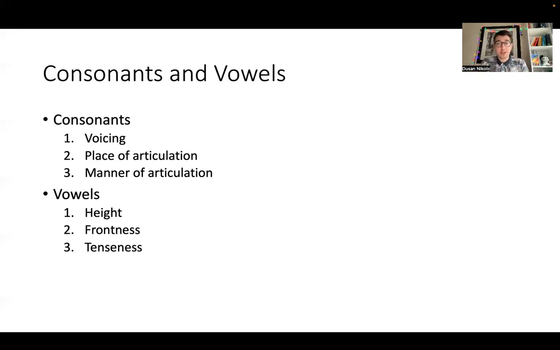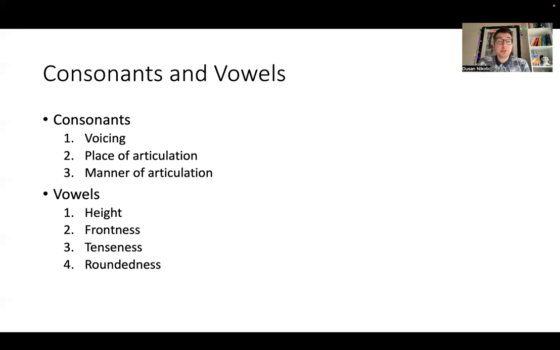Tense vowels are usually the vowels at the edge of our vowel space, which we will see in the next slide, and lax vowels are generally produced with more ease, with a lower degree of tenseness. For example, think about E and I, or about A and A, where one would be tense and the other lax.